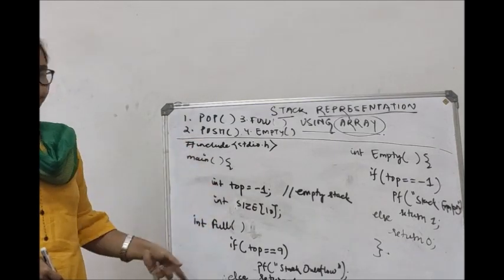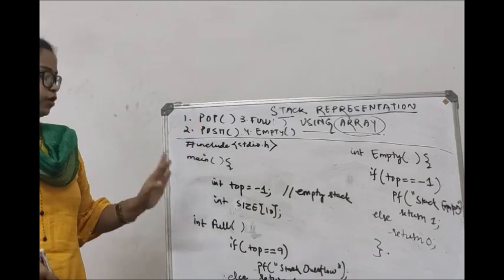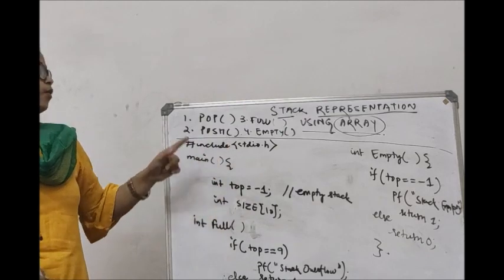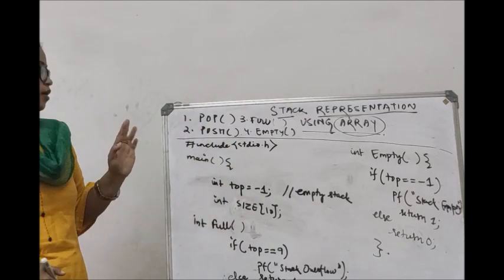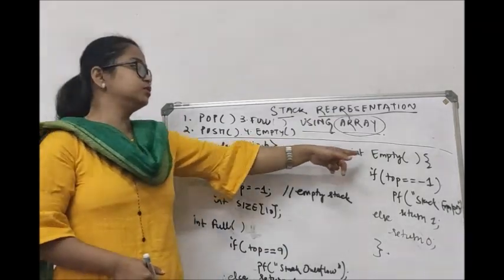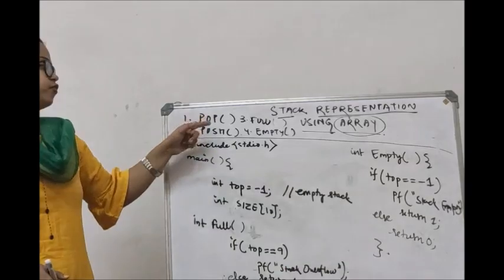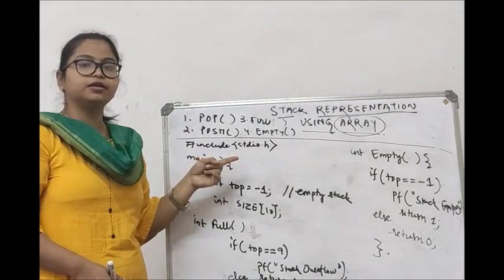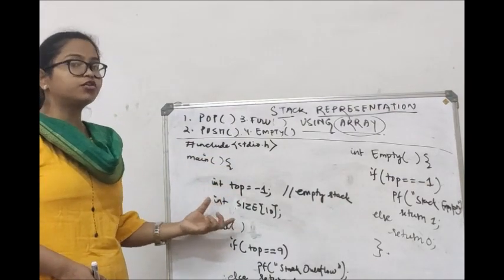Then I will rub it out and further write the logic for push and pop, which require these functions. Full and empty are required by the functions called pop and push. In pop, we have to use the empty function, and for push we have to use full, because we can push an element only if the stack is not full.